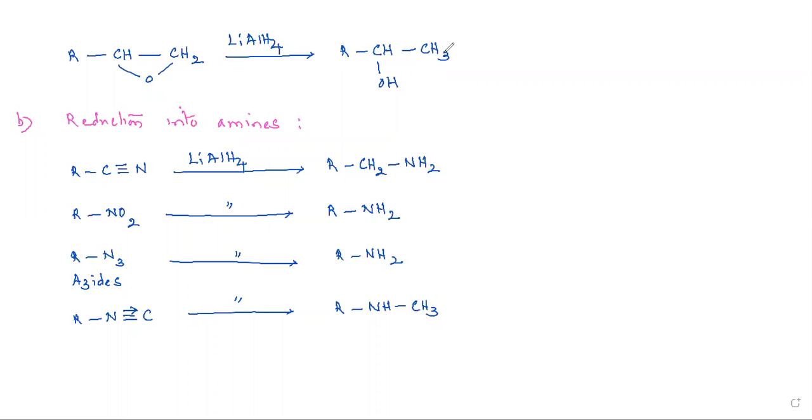Next, take isocyanates. Even the isocyanates are reduced into secondary amines. A primary amine, a primary amine. Here also it's a primary amine. In this case, it's a secondary amine.